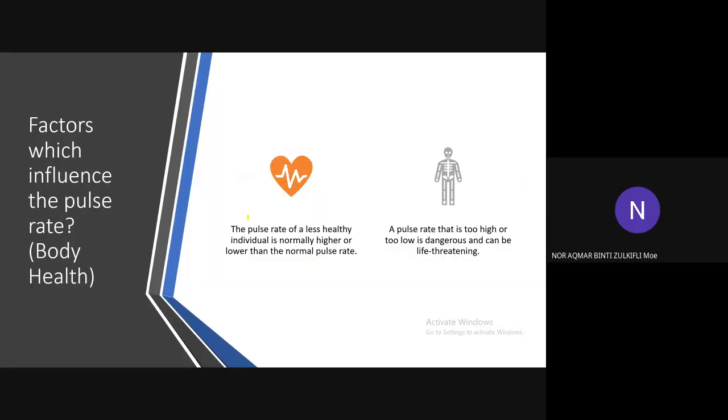And of course, when your body health is not regular or healthy, you may have a different pulse rate. Normally higher or lower than the normal pulse rate depending on your diseases. Okay, so a pulse rate that is too high or too low is dangerous and can be life-threatening. So you can die, huh?